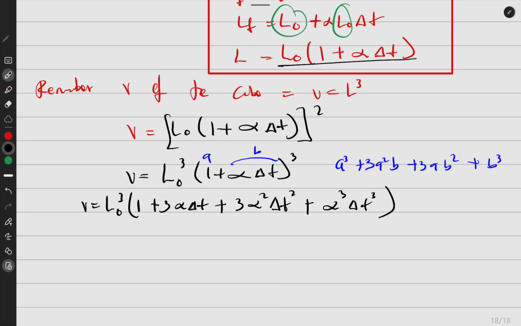Okay, good. Then this thing is in the same nature as this formula, right? I just copied this thing just here.